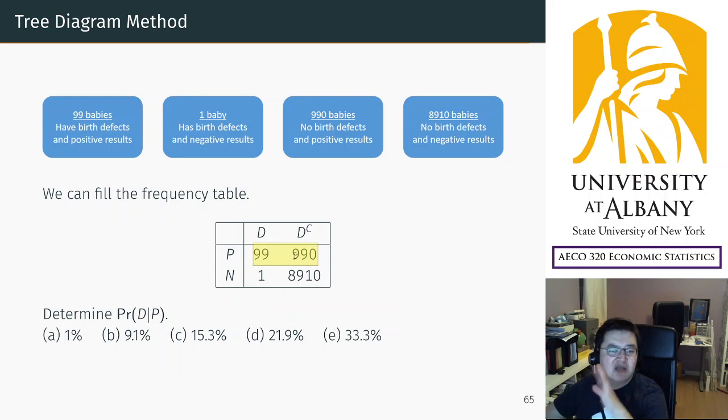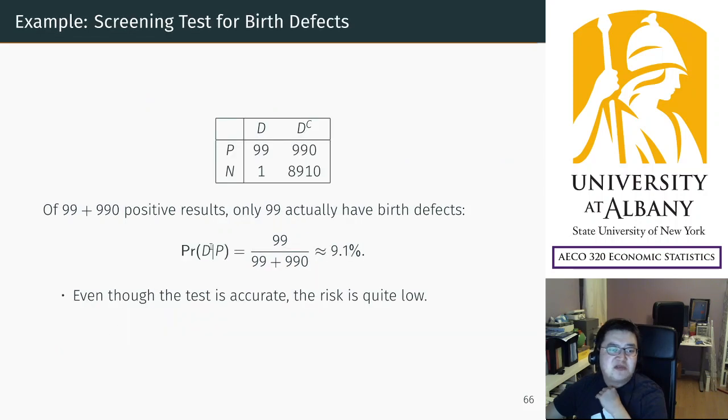There are 10 times more babies who actually don't have birth defects, even if they got a positive result. So the answer is B. It's the same conditional probability, calculated from the frequency distribution table. Out of this many positive results, only 99 actually have birth defects.